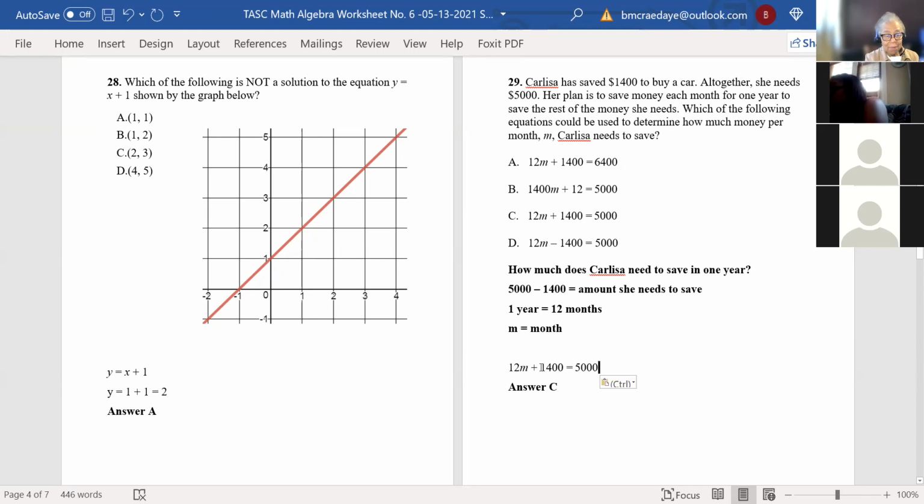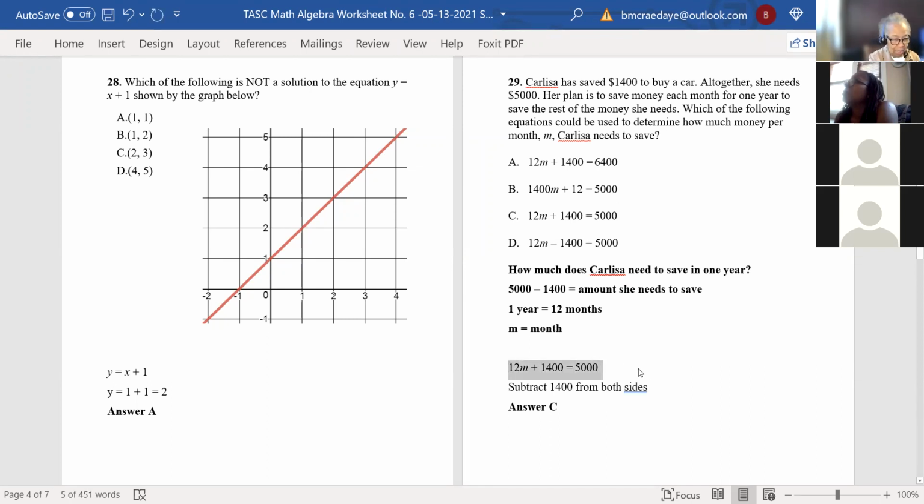All right. Now, if we want to solve for 12m, we have to subtract the 1400 from the 5,000, right? Subtract 1400 from both sides. Now let's just do that.